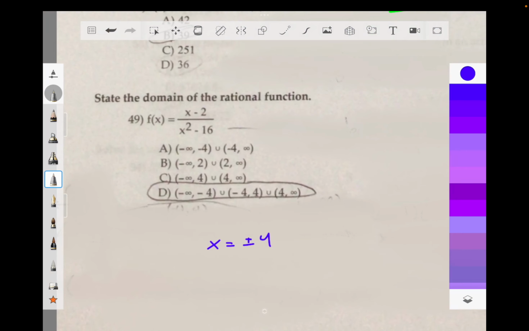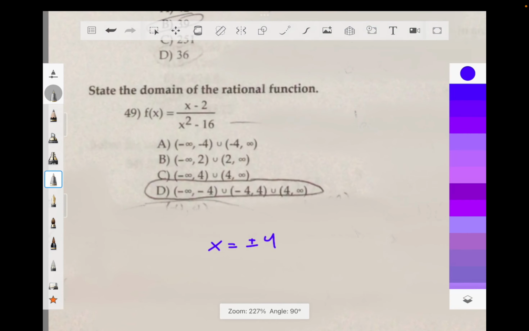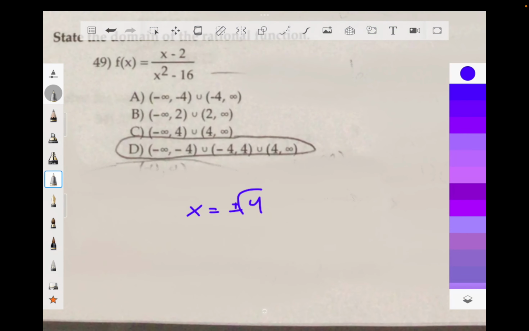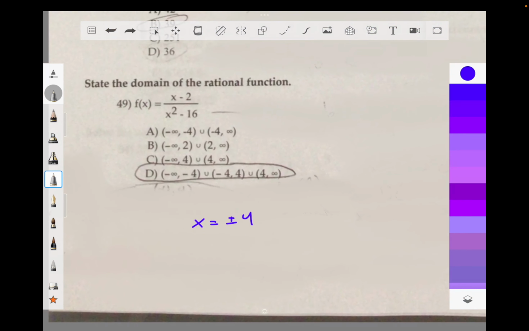So this function exists for anything below negative 4, because it can't be negative 4 and it can't be 4. That's what it's saying. So anything below negative 4 is fine. Anything in between negative 4 and 4 is fine. And anything above 4 is fine.